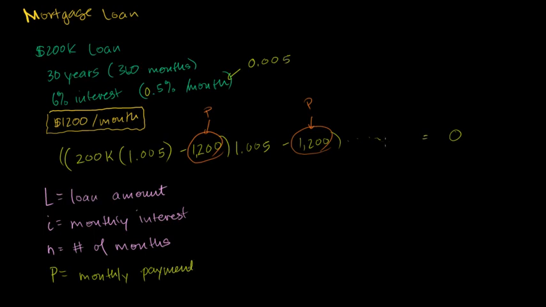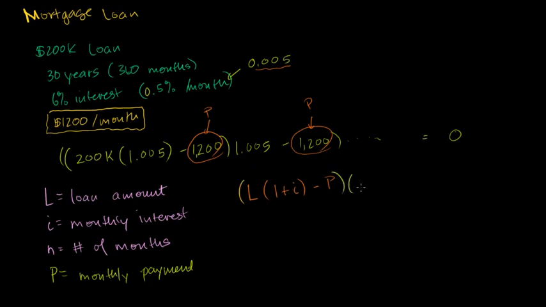So this same expression I just wrote up there, if I wrote it in abstract terms, you start off with a loan amount L. After 1 month, it compounds as 1 plus I. So you multiply it times 1 plus I. I in this situation was 0.005. Then you pay a monthly payment of P, so minus P. So that's at the end of 1 month. Now you have some amount still left over of your loan.